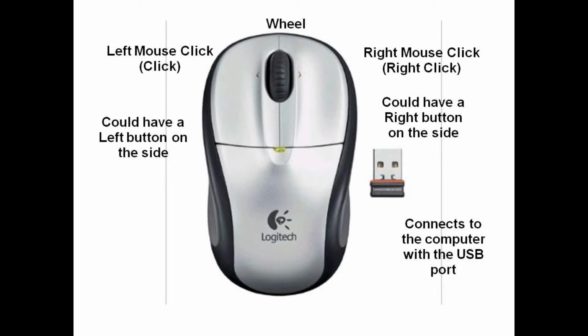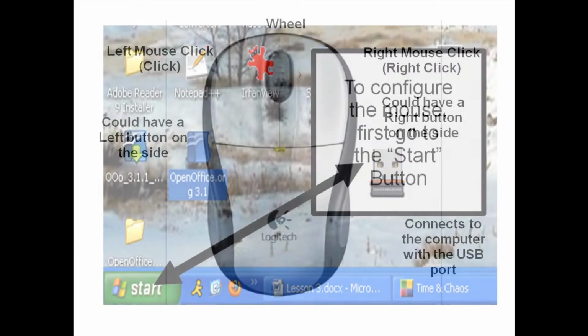And often there are other sub-menus to select from, which you will then use the left button. Now on this, please remember that this is for a right-handed person. And we get into how to switch that button around to accommodate people that are left-handed.